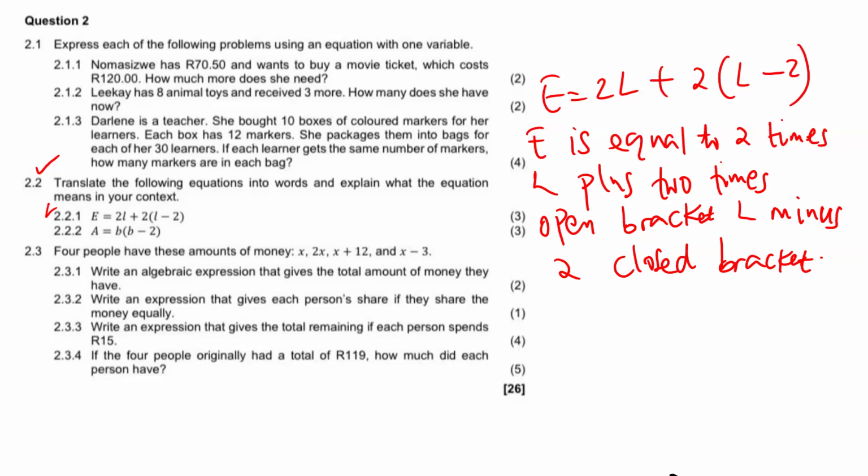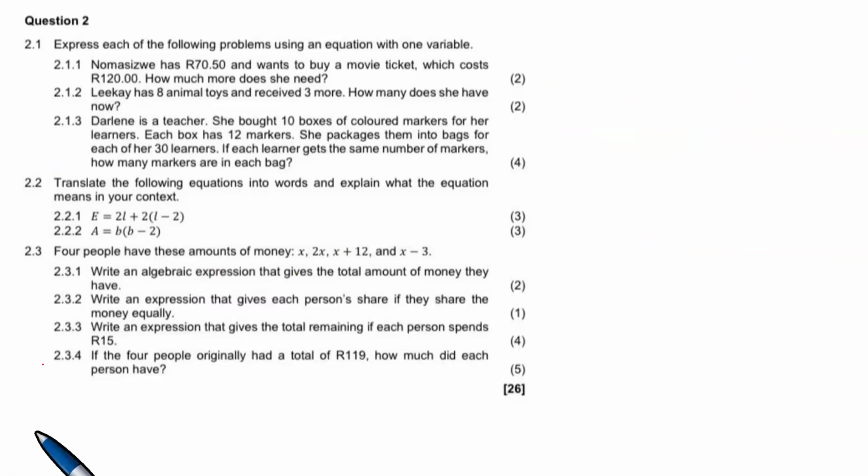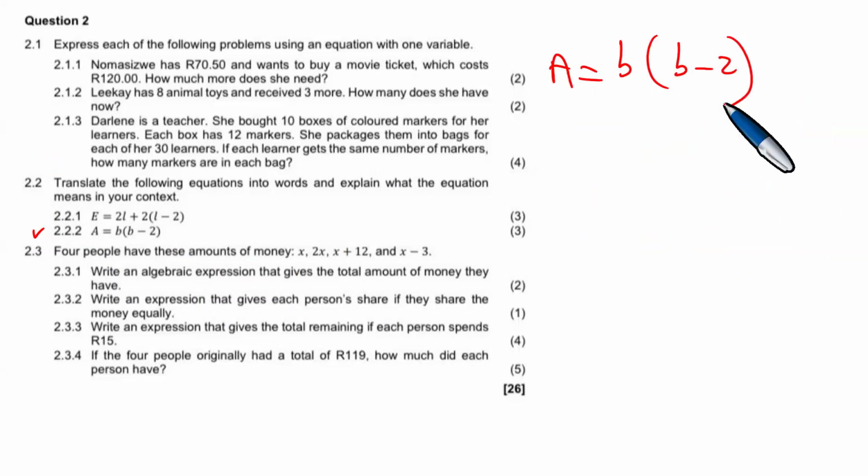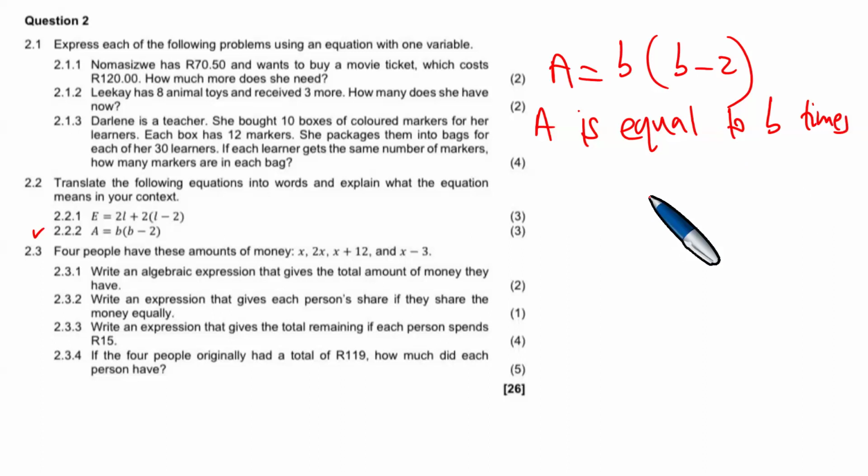Now let us look at 2.2. What can you say about 2.2? You have A, B times B minus 2 in brackets. How can you write this in words?